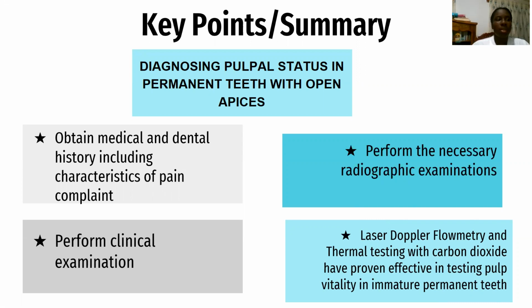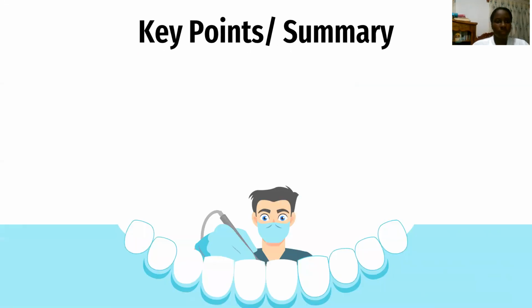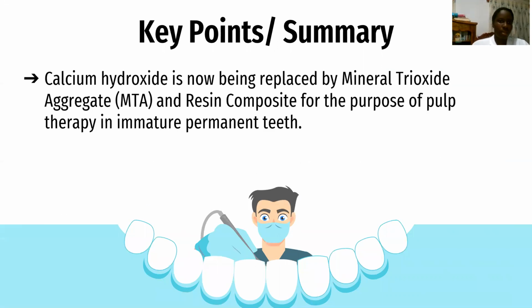Now, immature permanent teeth have the greatest potential to heal after caries or trauma. Radiographic and symptomatic assessment is the main diagnostic criteria. Furthermore, calcium hydroxide is now being replaced by mineral trioxide aggregate and resin composite for the purpose of pulp therapy in immature permanent teeth.